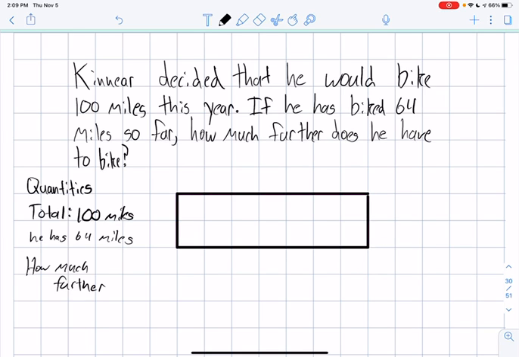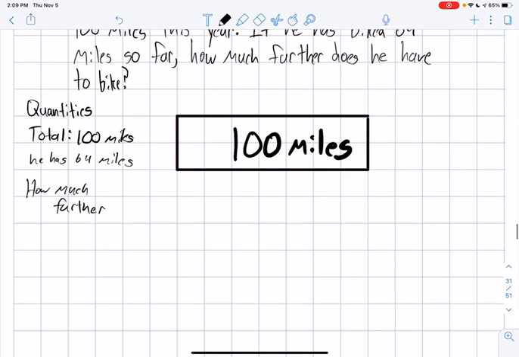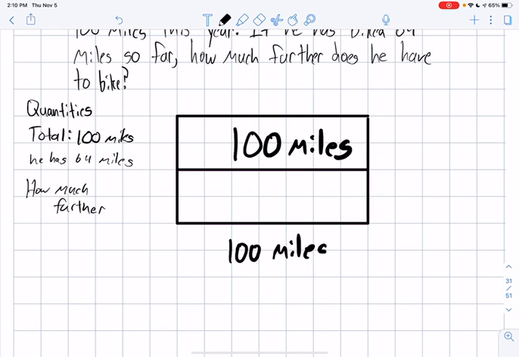All right, so we know that the total is 100 miles. Now, if we look down here, we can make another tape diagram. And we're going to make it the same size because we want this to also be 100 miles. So how many miles has he biked so far?